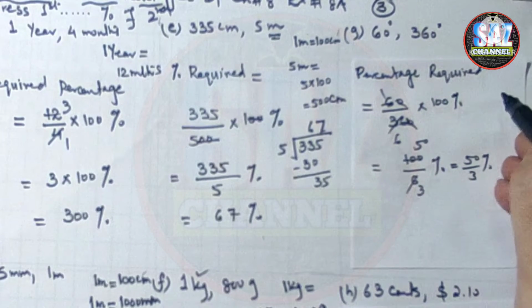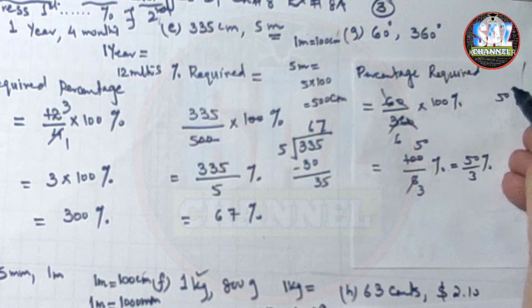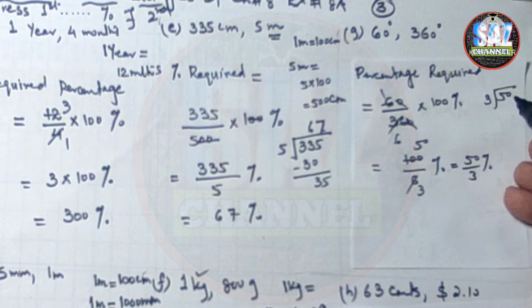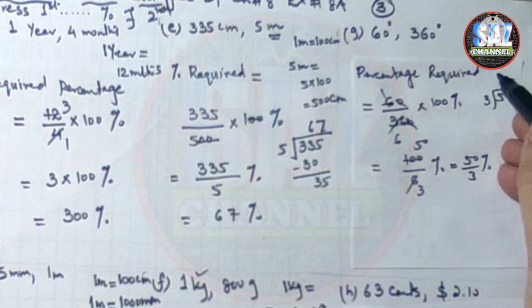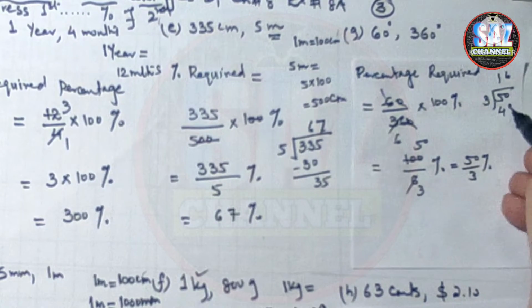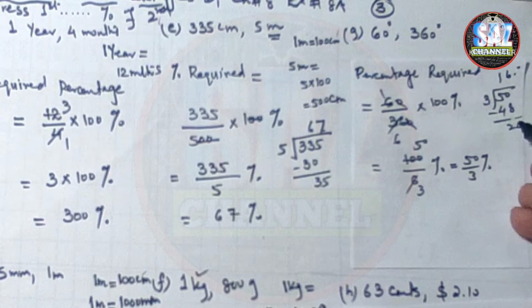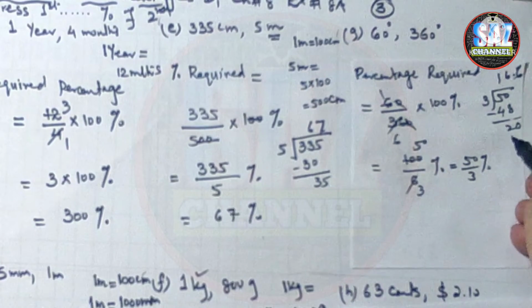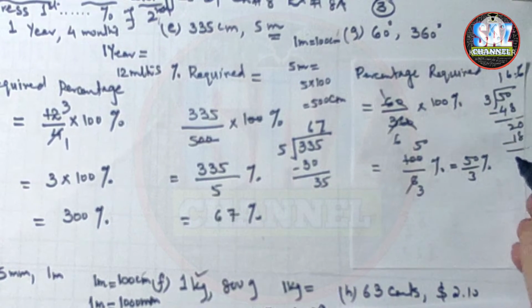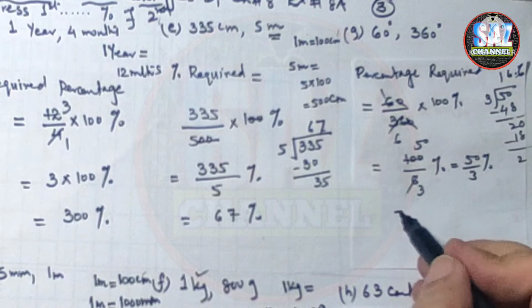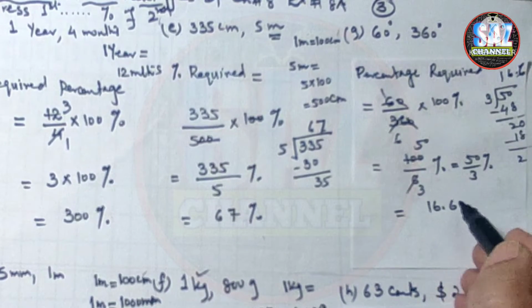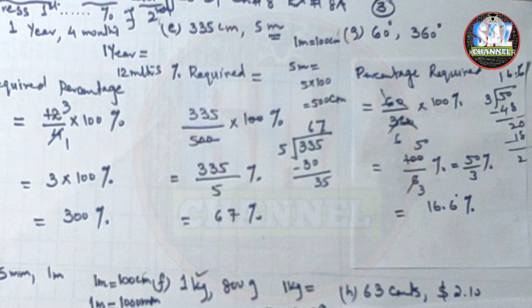And when I'm dividing 50 by 3, 3 how many times, 15 times 3 is 45, 16 times 3 is 48, and I'm left with 2, and then I have to put the decimal. 6 times 3 is 18, and then I'm left with 2 again, and it is 16.6%, repeating, because we can see every time we are getting the remainder 2.